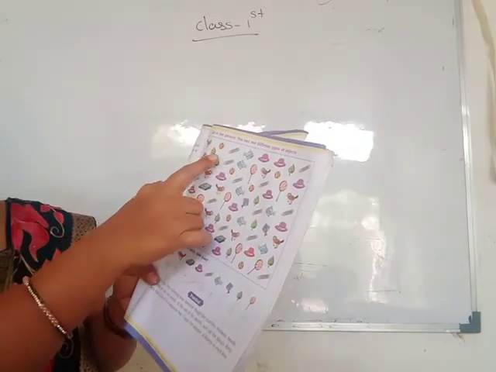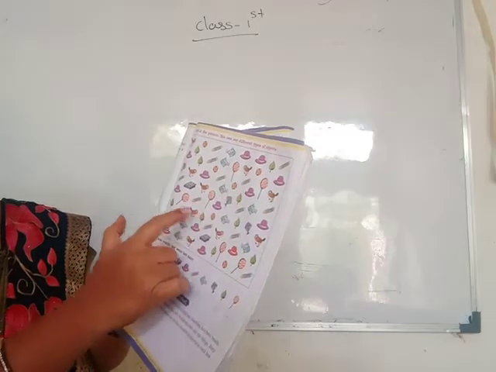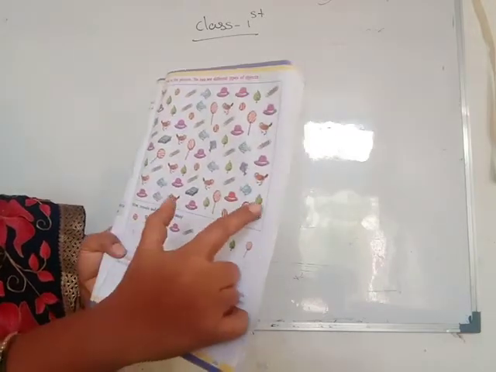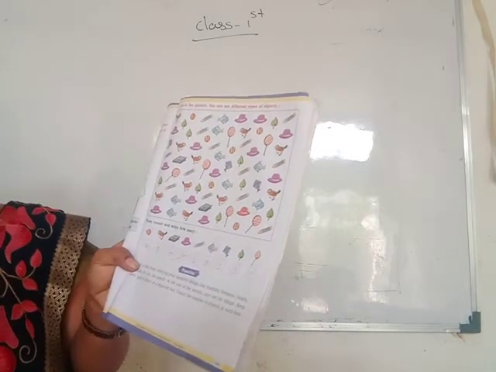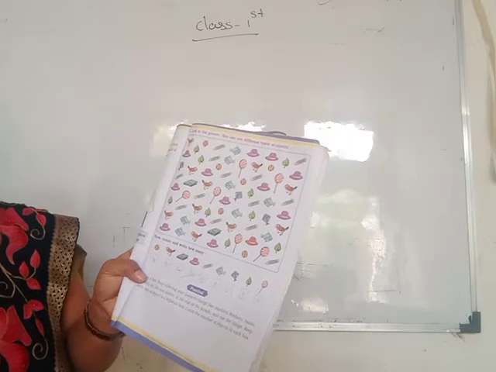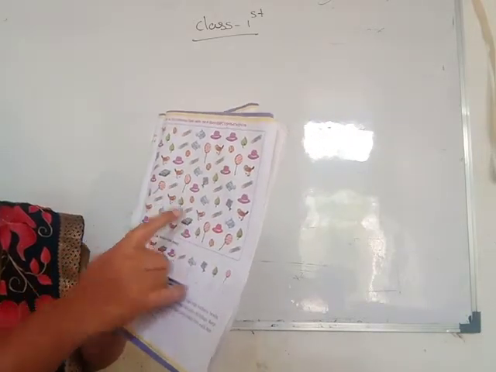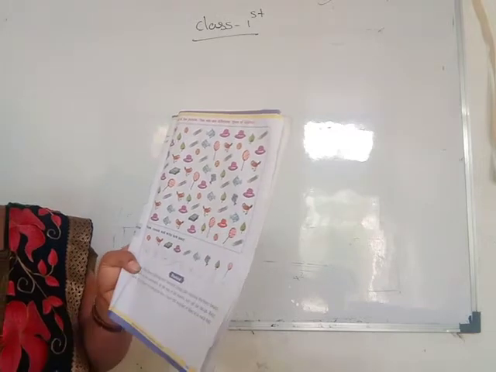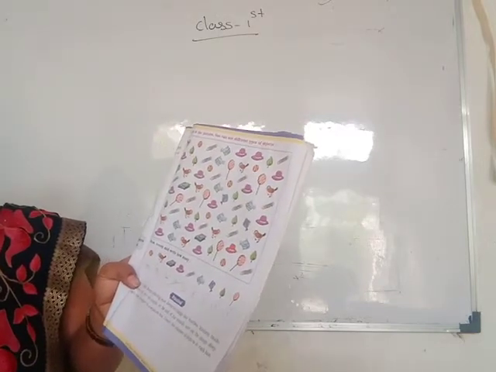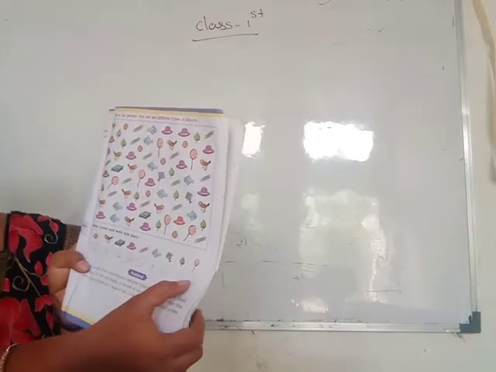How many leaves here? 1, 2, 3, 4, 5, 6, 7, 8, 9. Then you write here answer 9. Then next one picture, you see here lollipops. How many lollipops here? 1, 2, 3, 4, 5, 6. In this picture 6. Then you write here answer 6.